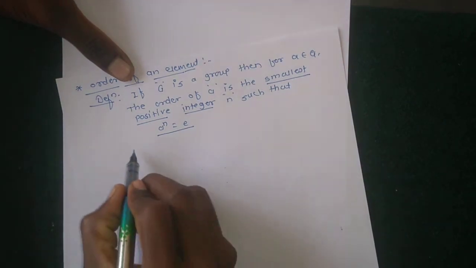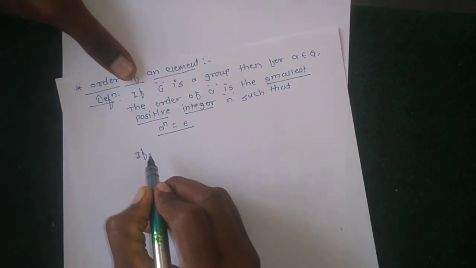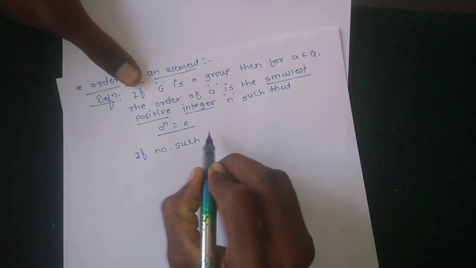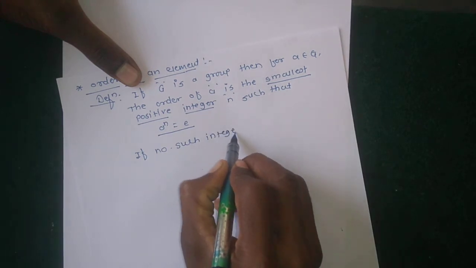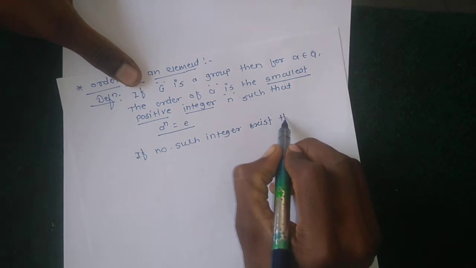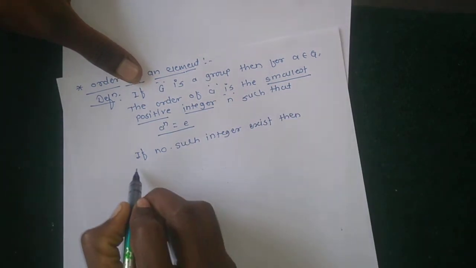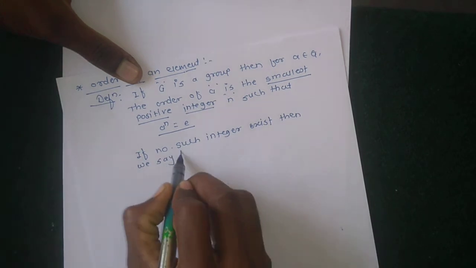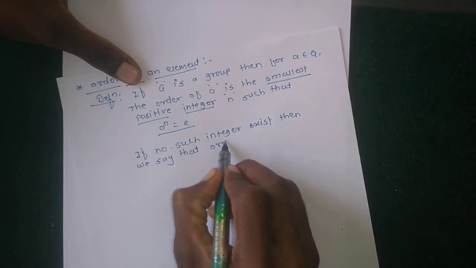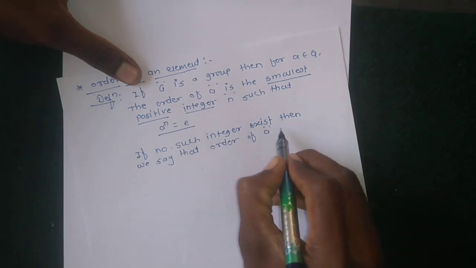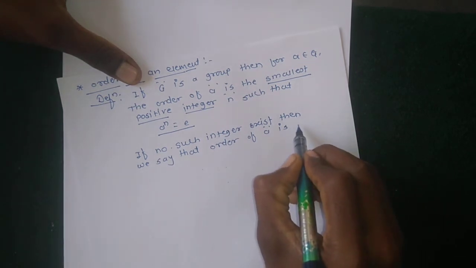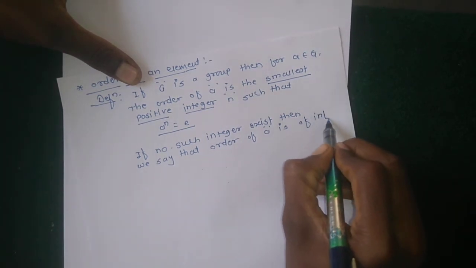If no such integer exists, then we say that a is of infinite order.